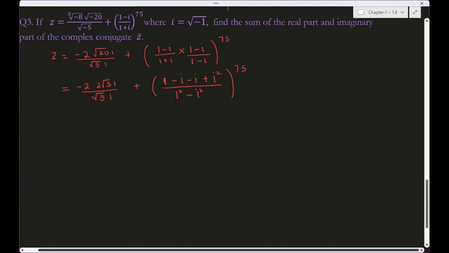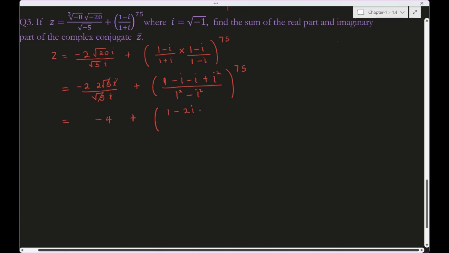But everything to power 75. Now here, root 5 will cancel root 5, even i will go with i. So from here, you just have minus 2 times 2, which is just minus 4. Okay, plus here, this will become 1 minus 2i.